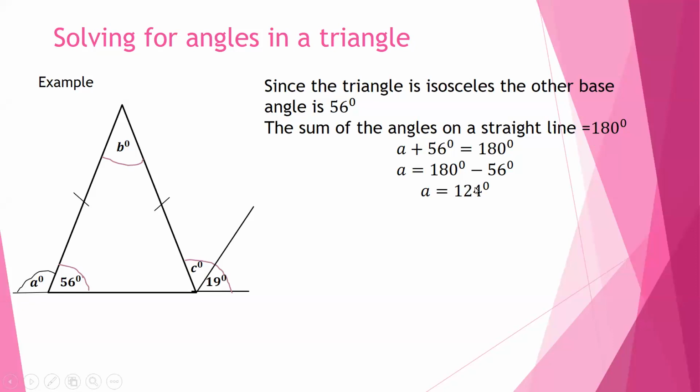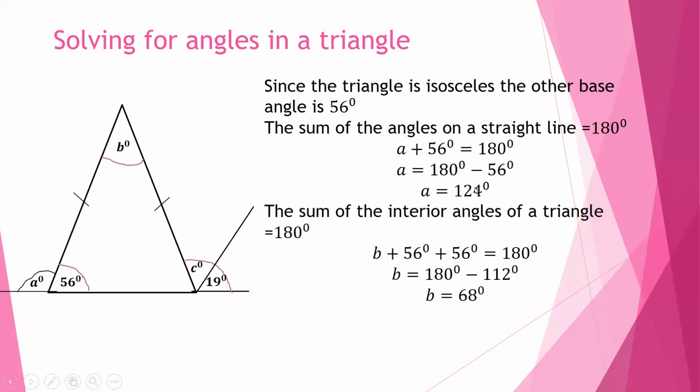Okay, so if we want to find B, as we said, the sum of interior angles of a triangle is 180 degrees. And we have established that this is an isosceles triangle. So here is also 56 degrees. This angle here will be 56 degrees.